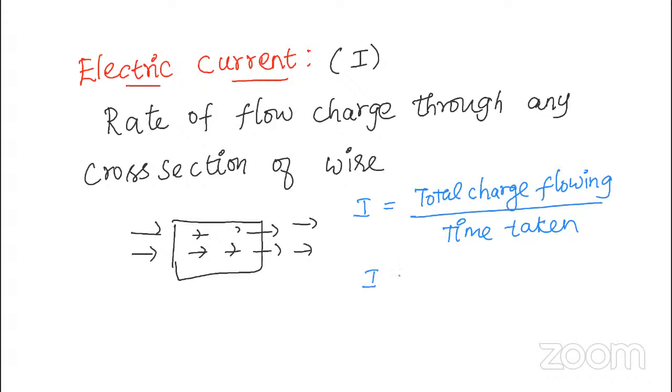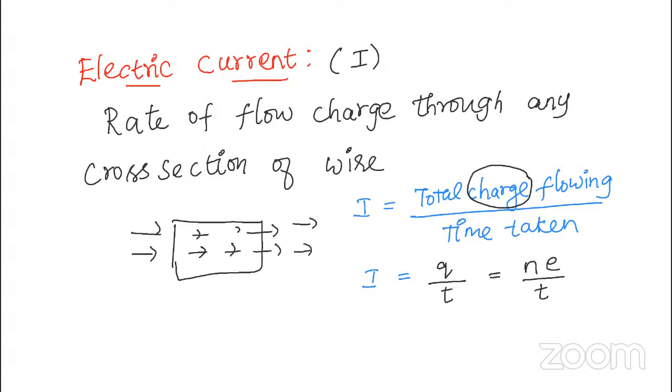Here I represents the current, and the total charge is represented by Q, divided by time taken T. This is also equal to N times E divided by T, where N is the number of charges.